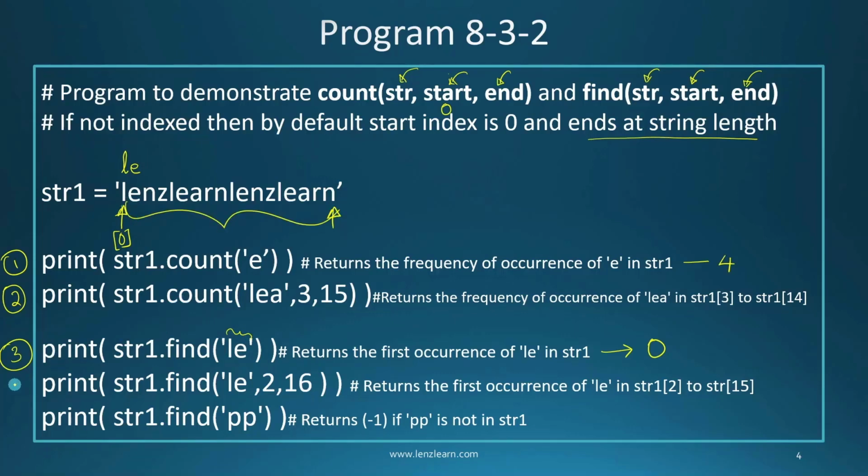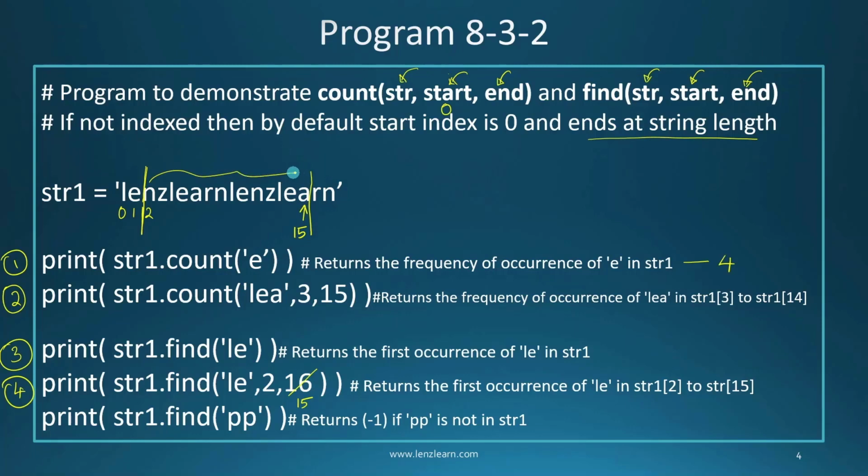Now we go to the next print statement. Here I have to find LE starting from index 2 to 16. So here I have index 0, 1, 2. I am starting my search only at this position, right? And it will go all the way up till the 15th index value, not the 16th. Let me count. Now we can see this A is the 15th index.